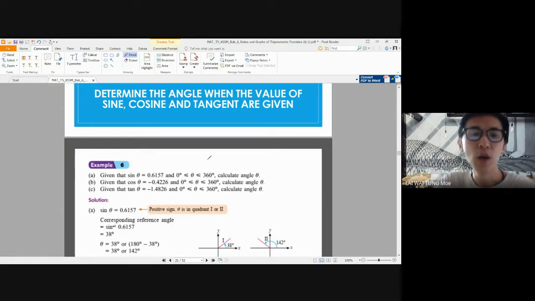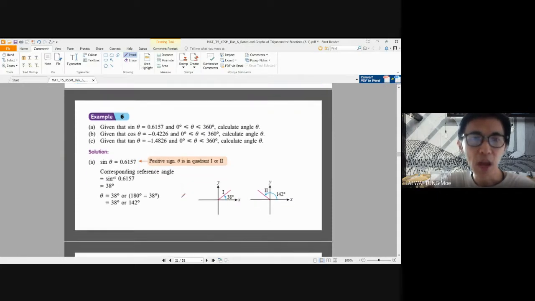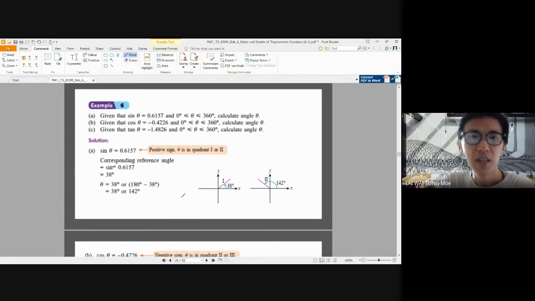And we also know how to find the value for the angle. And now we have to find out, if given the sine, cos, and tangent, what is the value of the angle? Okay, so let's see one question.